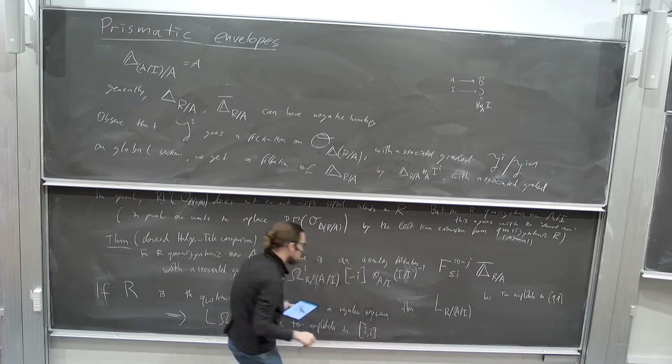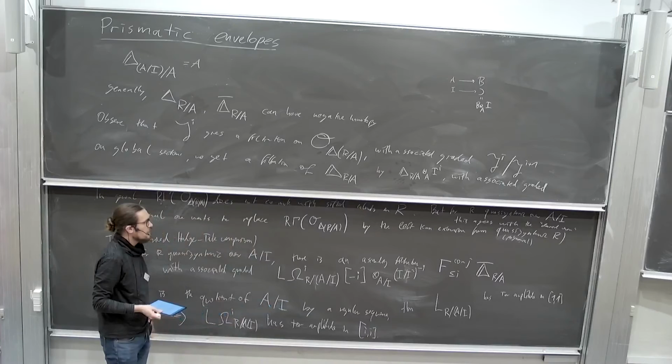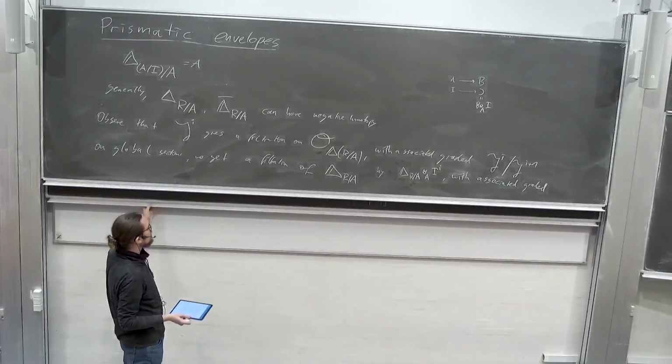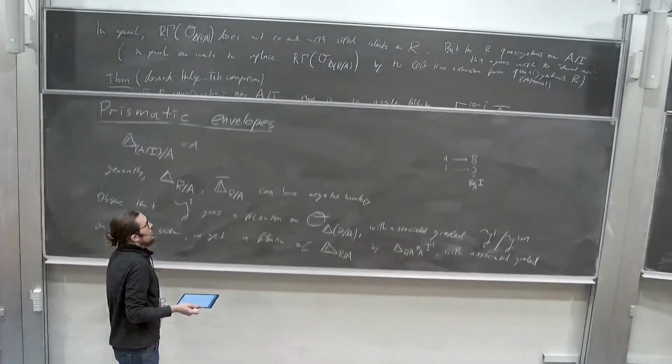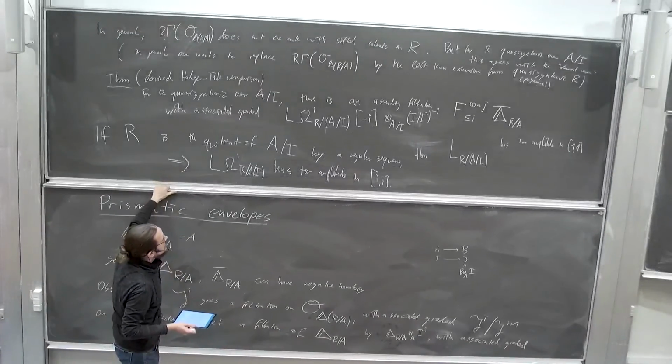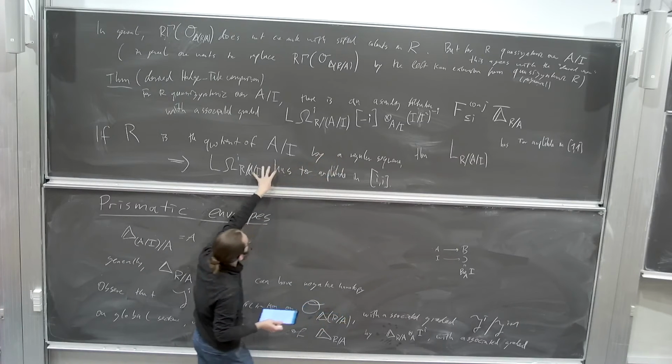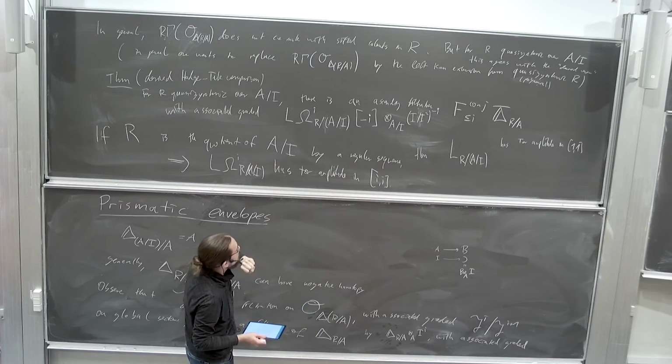So it's completely concentrated in degree i. So what do we get if we shift this down? Well, this again ends up just contributing to degree 0.